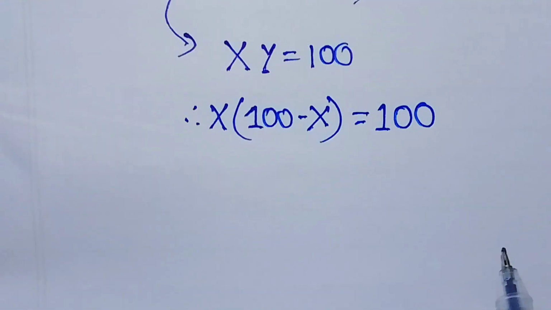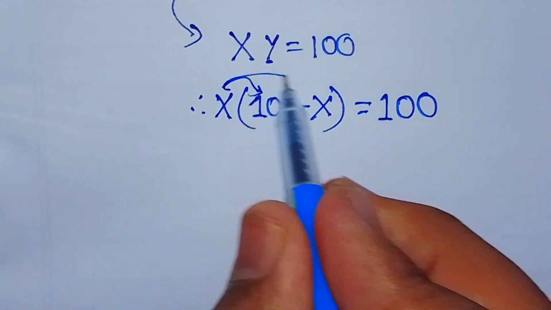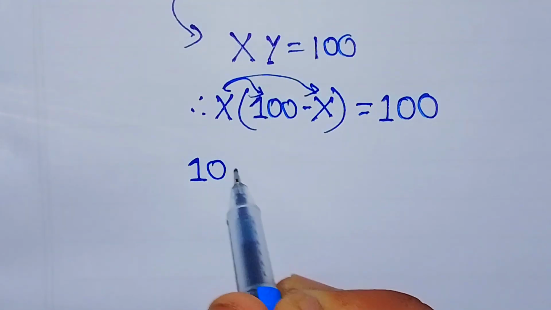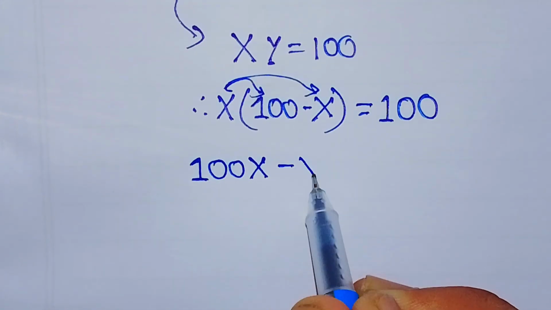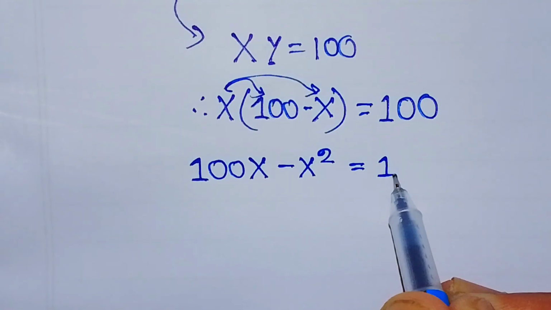So now here we'll multiply this and this, then we'll get 100x minus x square is equal to 100.